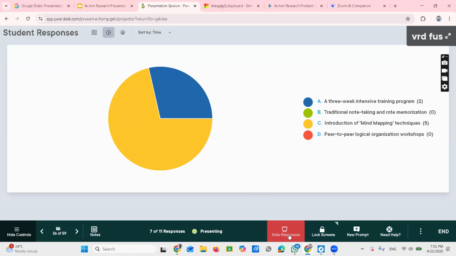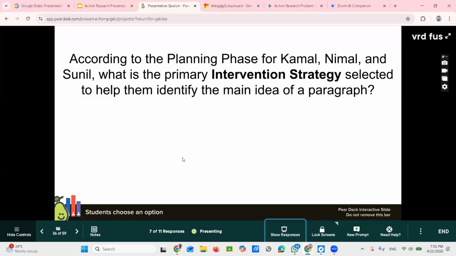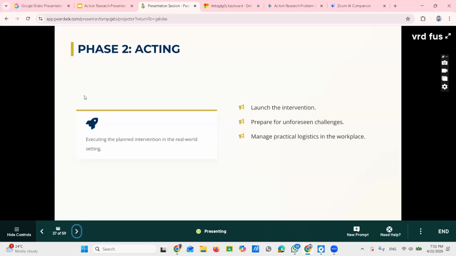Right, here I'm stopping the activity now. Move into the second step of the action research process. Right, acting. The second phase is the acting or act. Right, that means this is the stage where you convert your planning into actual implementation.